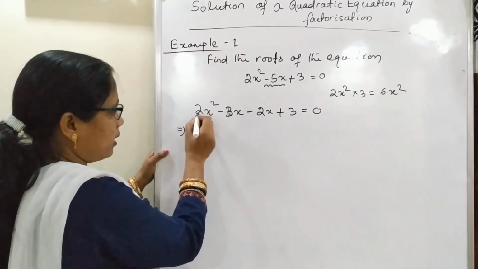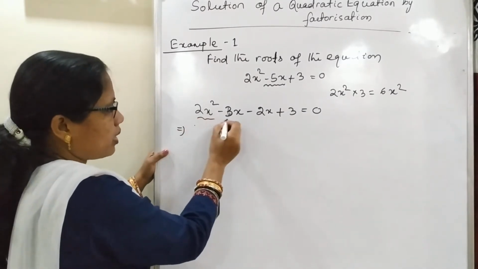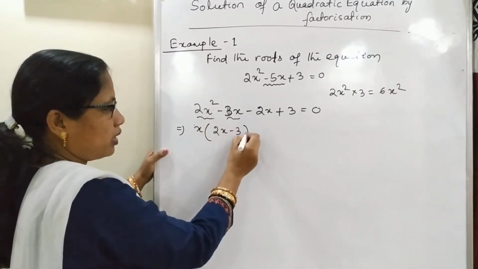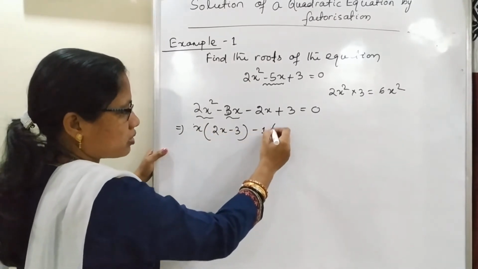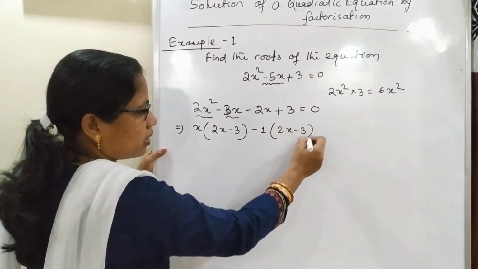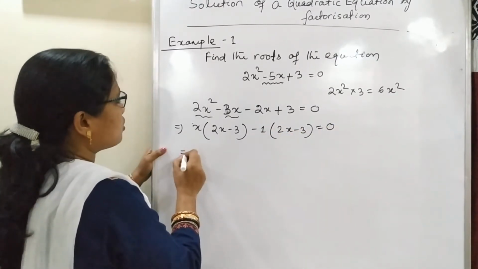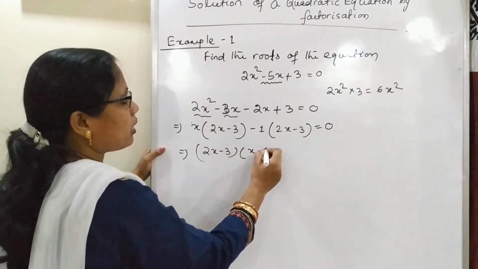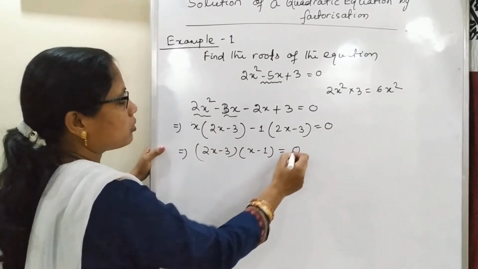So in 2x square minus 3x, x is common, so x multiplied with 2x minus 3, then here minus 1 is common, 2x minus 3 is equal to 0. So this implies 2x minus 3 multiplied with x minus 1 is equal to 0.